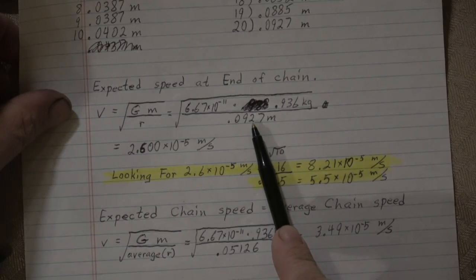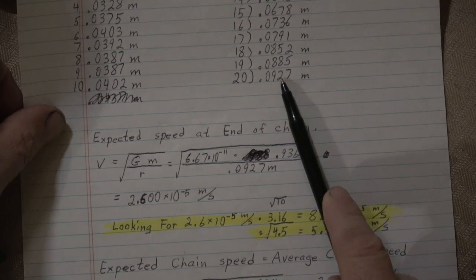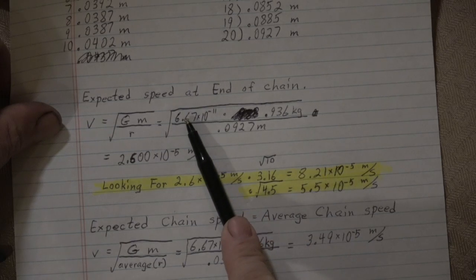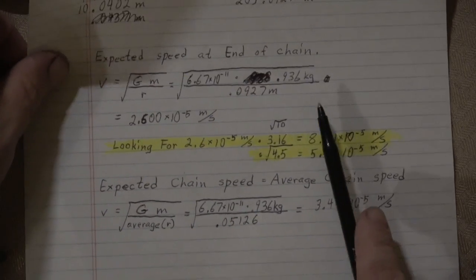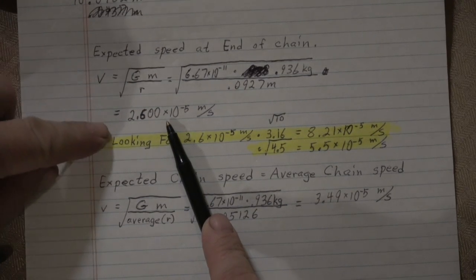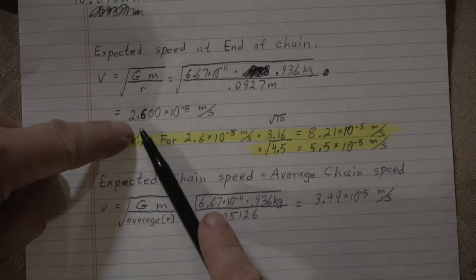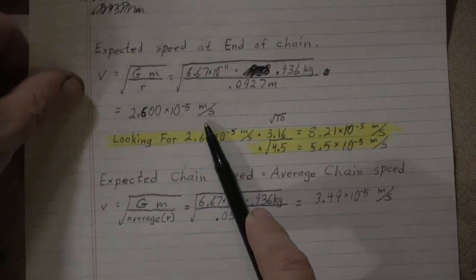The outside radius, my last one counted, was 0927 meters, and gravitational constant times inside mass. So the expected speed on this model would be 2.6 times 10 to the minus 5 meters per second.